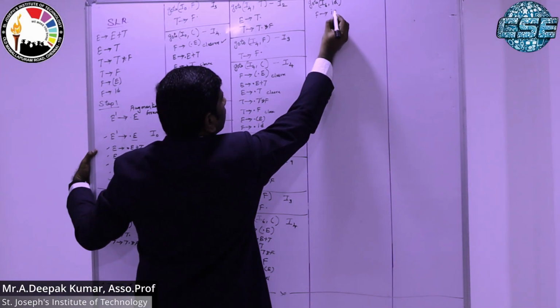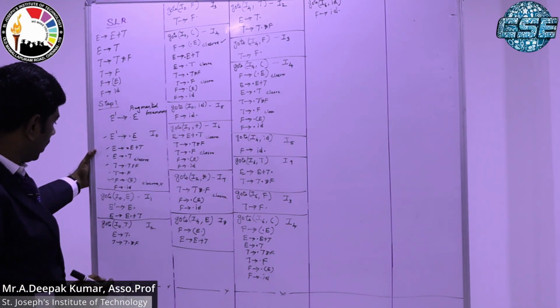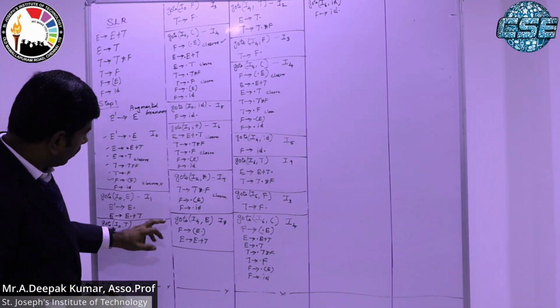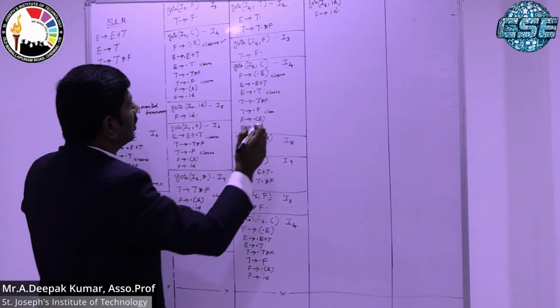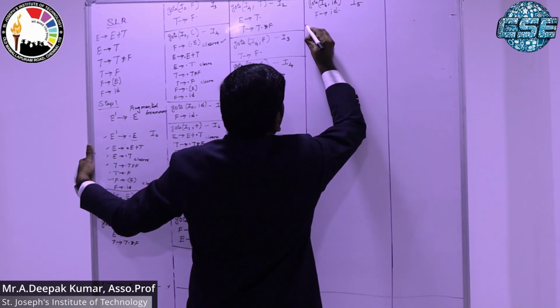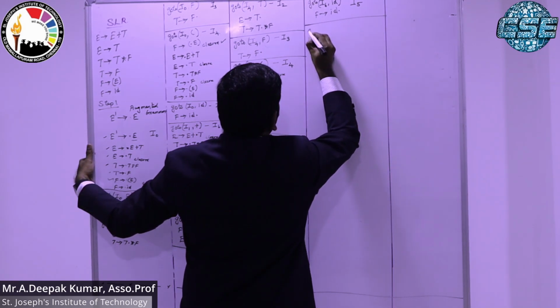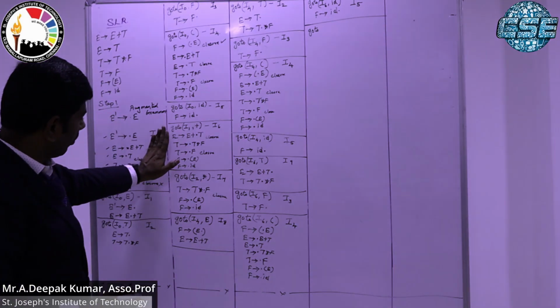F derives id dot. So check whether we have the same condition here. We have F derives id dot in the place of I5. So I will use it as I5. Next, I6 is completed now.